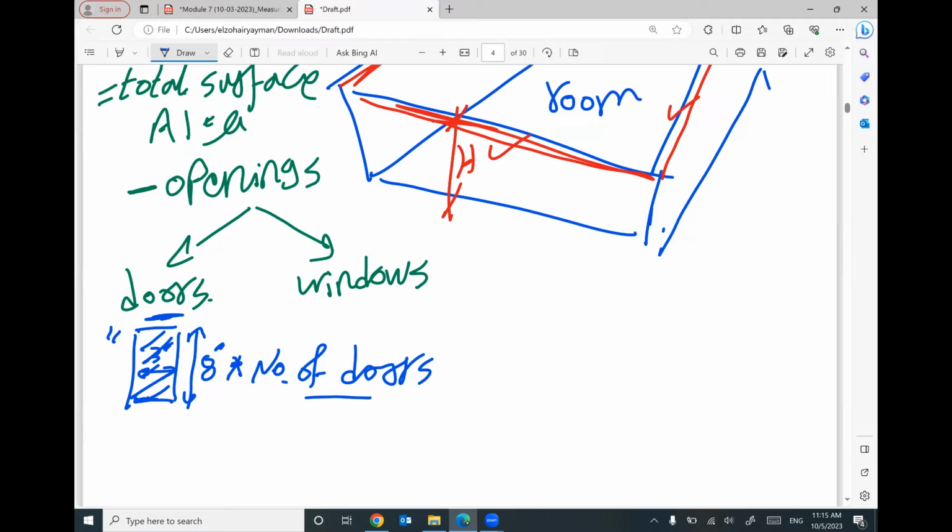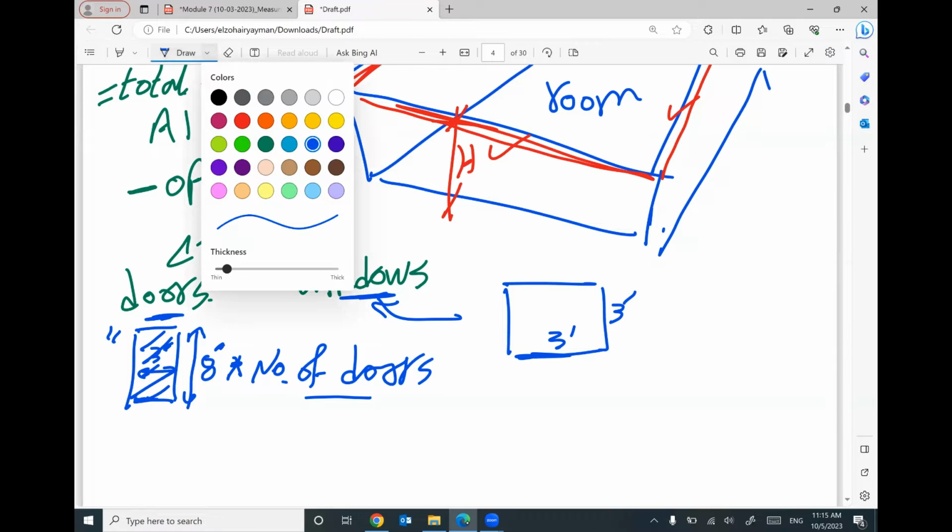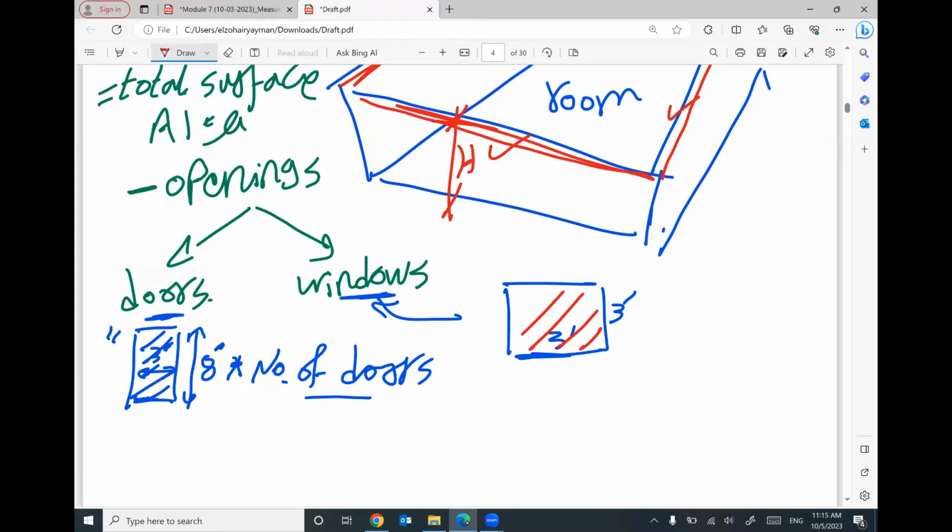These are openings. Also for windows, you can figure out the total area for windows. One window is typically 3 feet by 3 feet if nothing else is given. You need to multiply this surface area, 3 by 3, by the total number of windows.